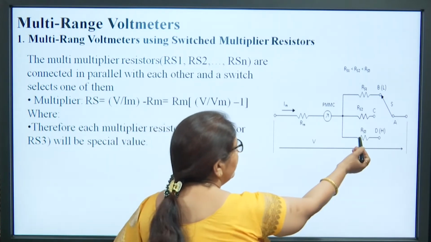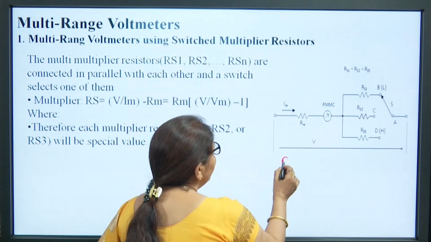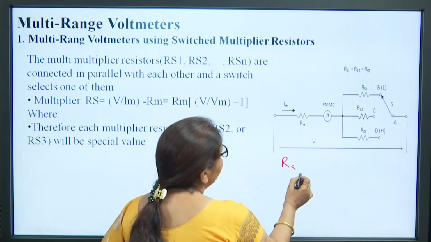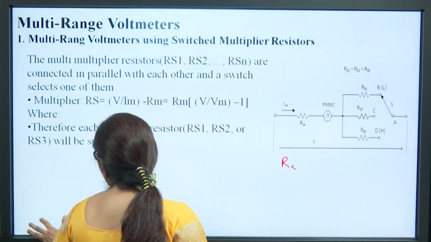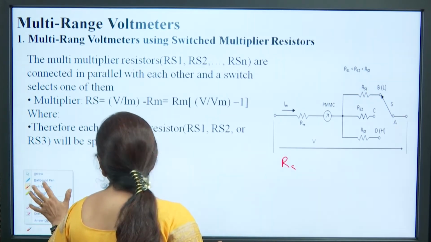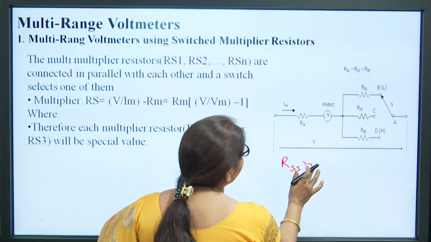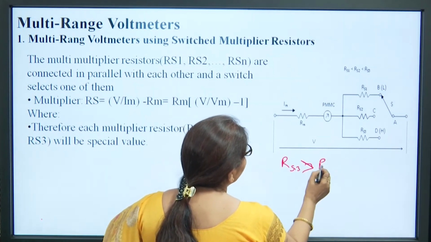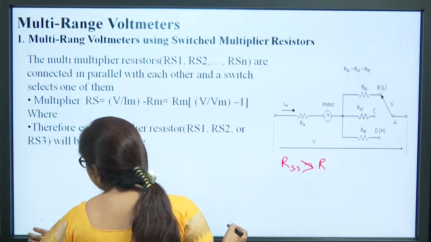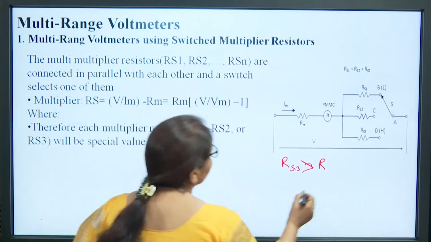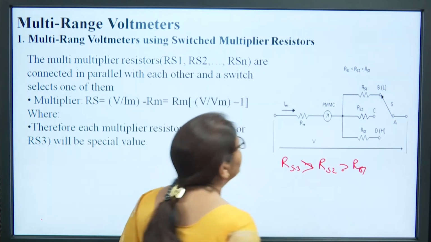So here the value of Rs3 should be very high, greater than Rs2, and Rs2 should be greater than Rs1.